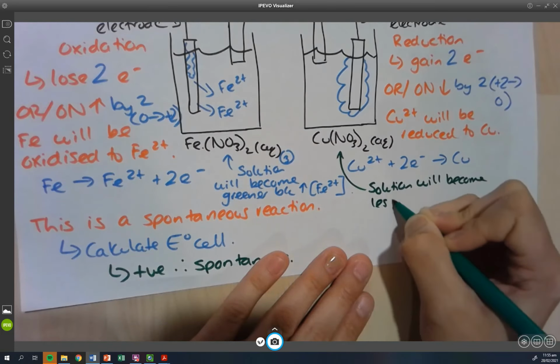And that's because it's getting reduced. You can write due to its reduction if you want to be fancy. Remember, you can use shorthand, you can just annotate. I don't need a whole lot to prove your understanding. But basically, we're trying to understand what's going on. So I can also draw Cu2 plus is going over there.